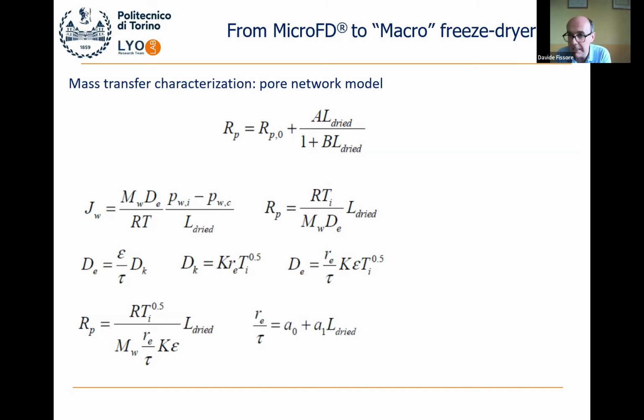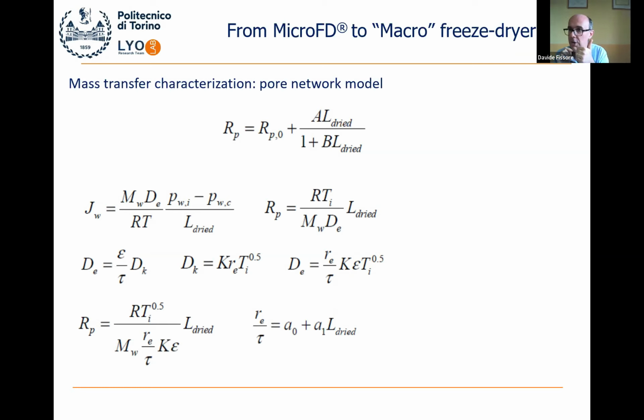But we need to get A0 and A1 because they are the same in different types of apparatus, being the parameters related to the structure of the cake. In which way do we get them? Actually, first we estimate RP versus L dried.